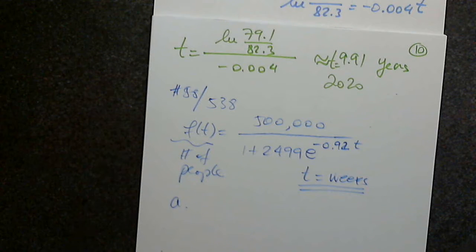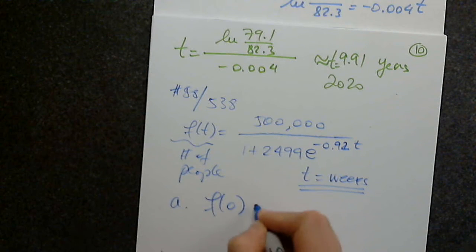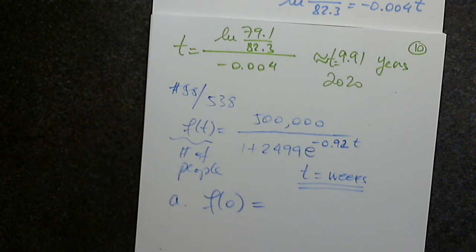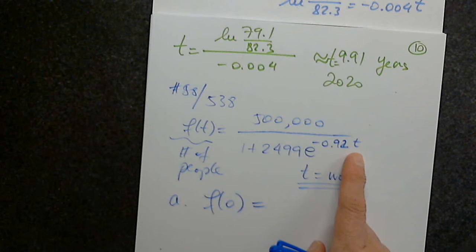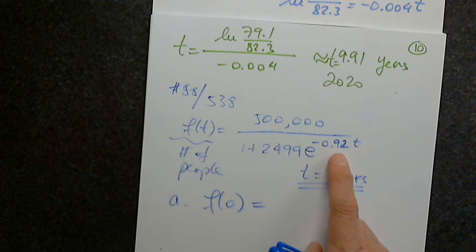What do I have to do? Excellent. F of 0. Let's do this together. We can plug it in, of course, but let's do this together. So negative 0.92 times 0 is 0. Good. E to 0 is 1.